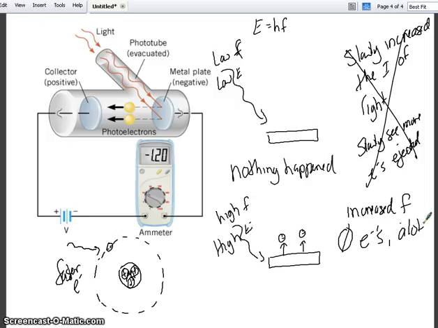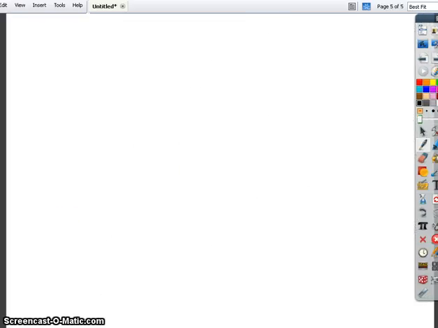Let me give you another analogy before I finish this up. Pretend you have a ball and you're trying to throw it up and you're trying to get it on top of this ledge. You have one throw. And once you let go of that ball, it's either going to make it or it's not going to make it.